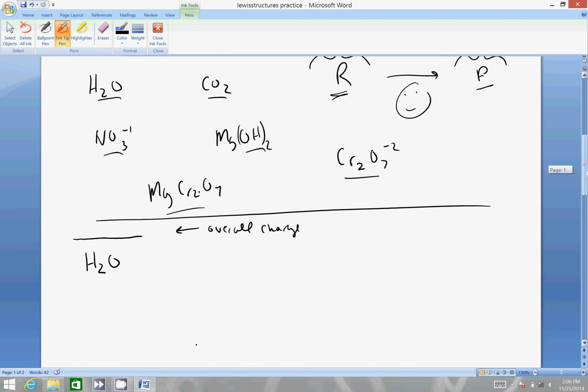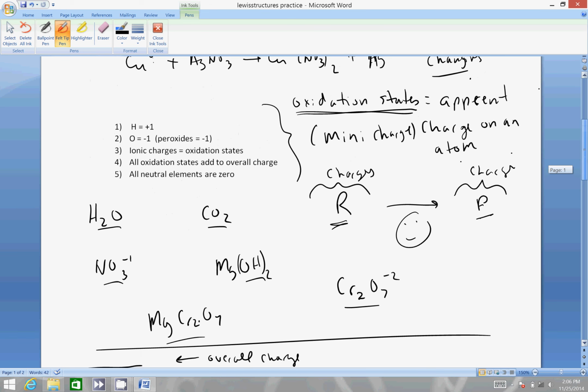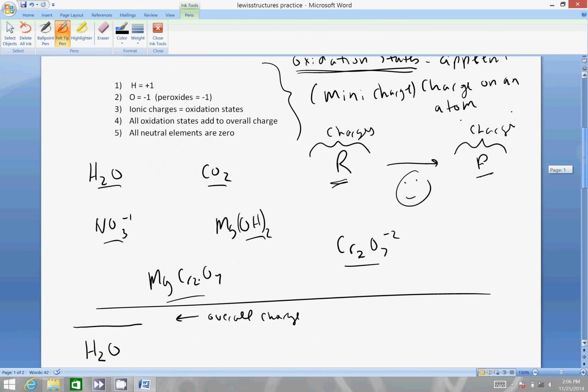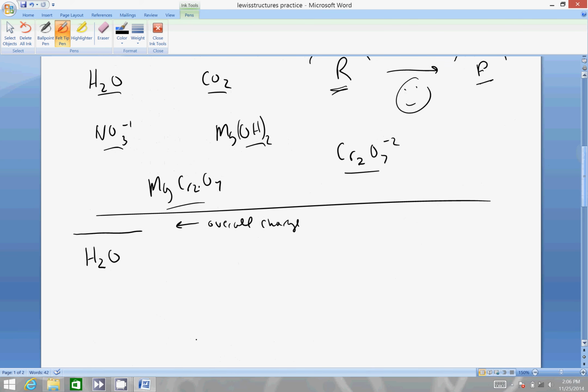From our rules, which you hopefully have looked at, rules 1 through 5, the overall charge has to balance with the sum of all the individual charges. This area is for your use only. No answers come out of this area. The bottom section is for the individual charges.